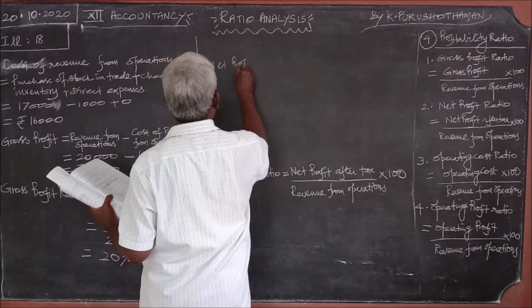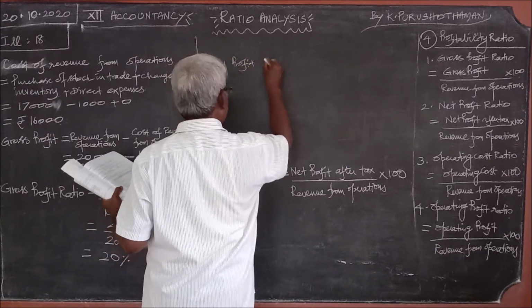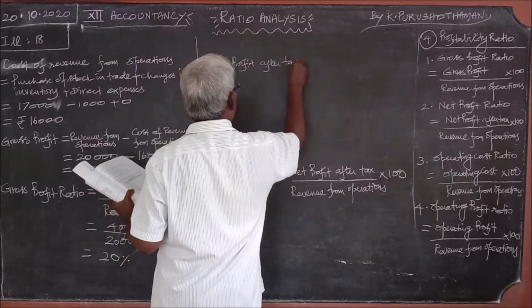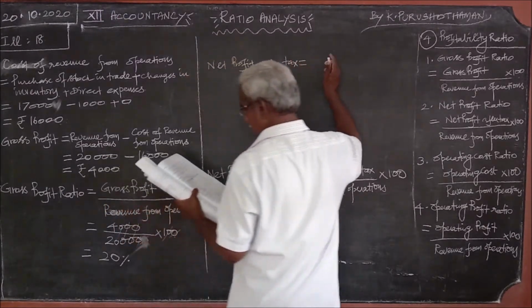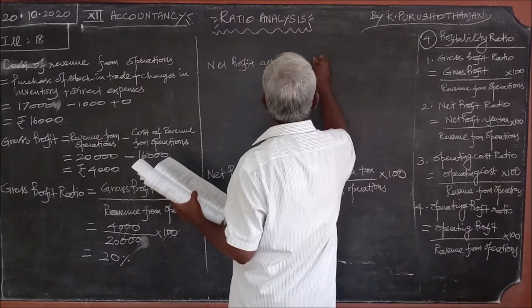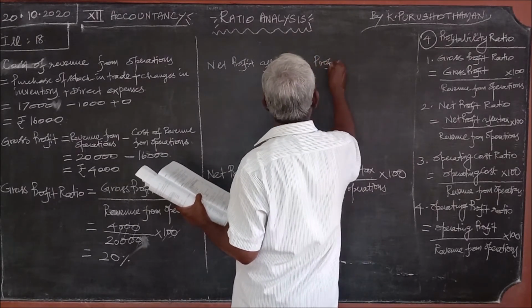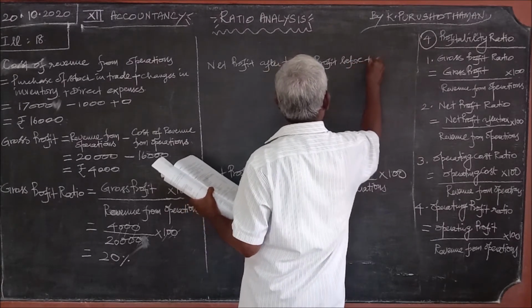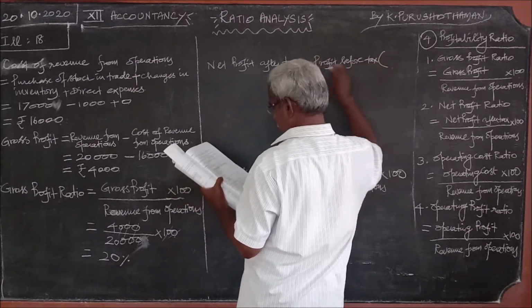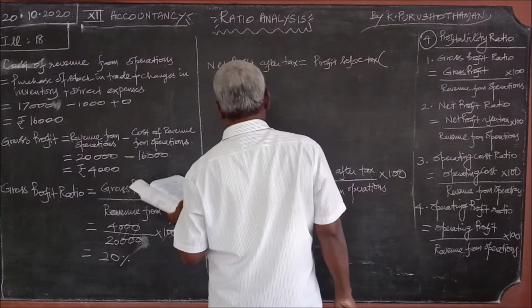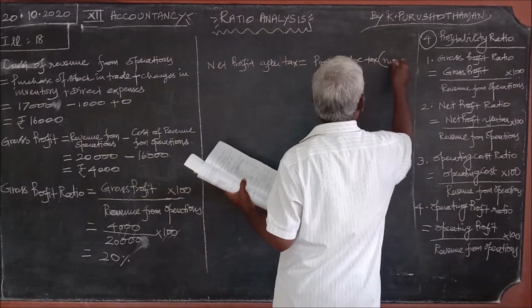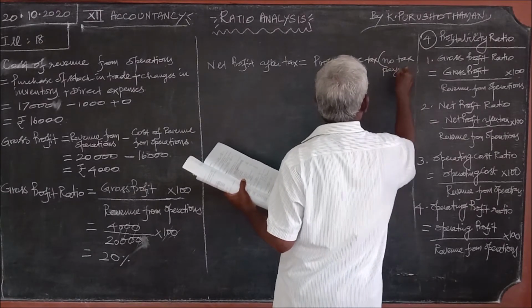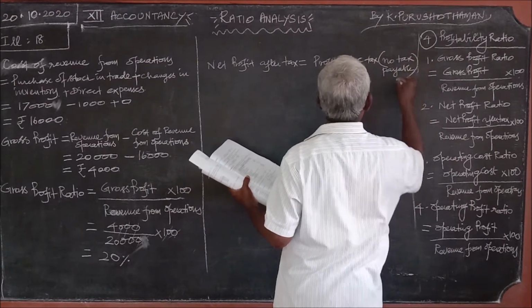net profit after tax is equal to profit before tax, because no tax is payable. If tax is payable, we should minus it.